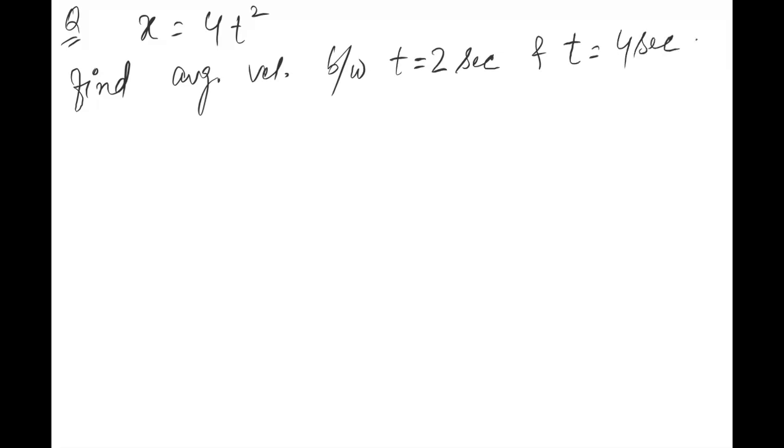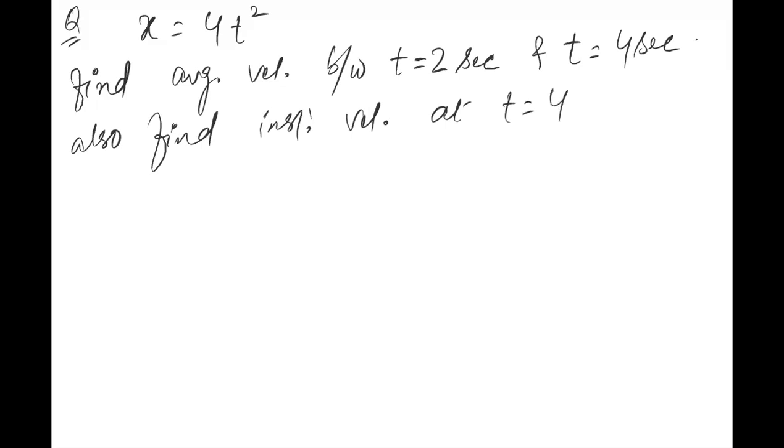This is the first part. Also find instantaneous velocity at t equal to 4 seconds. So this question has two parts. In first, we have to find average velocity, and second, we have to find instantaneous velocity.